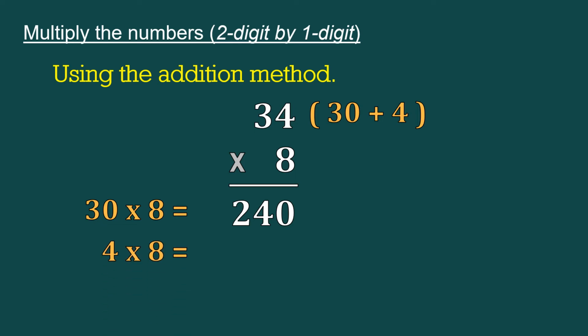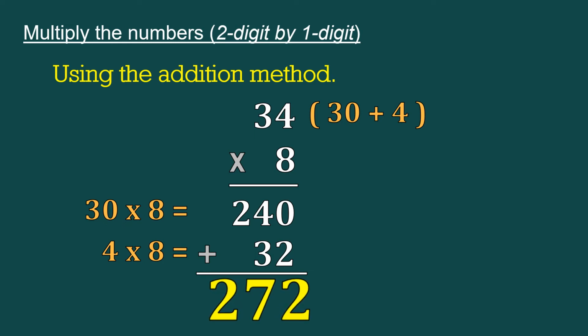Multiply 4 by 8 to make 32. Then, add the partial products. 240 plus 32 is equal to 272. The product of 34 and 8 is 272.